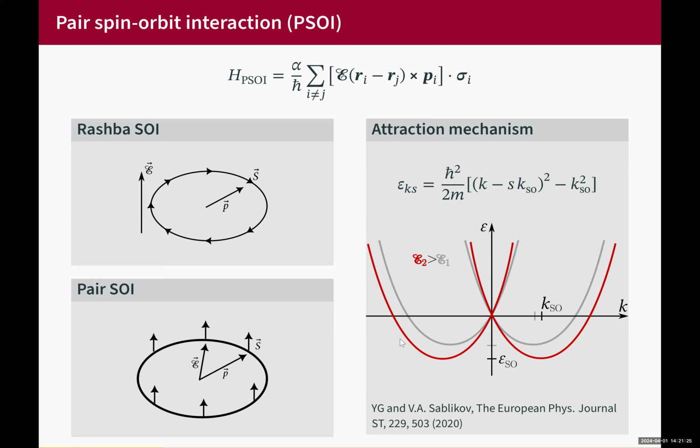Then we can put the leads here, source and drain, and try to measure the conductance, or to be more precise, admittance, as a function of the frequency. Normally, it would exhibit oscillations on the scale of the transit time through the wire. This is nothing but, like optical resonators, those resonances.